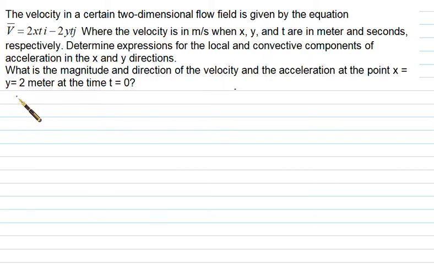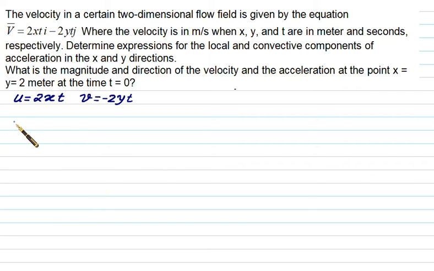In this case, we have the velocity component u along the x direction as 2xt and the v component as −2yt. We are interested in the local and the convective acceleration in both x and y direction.